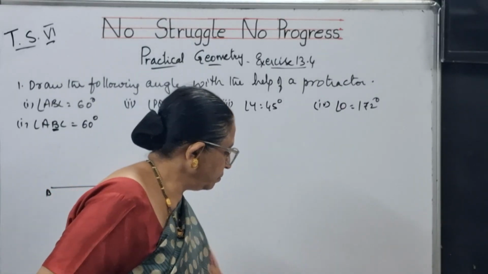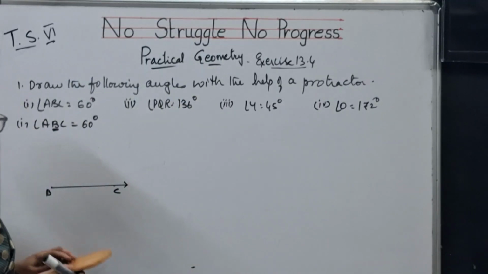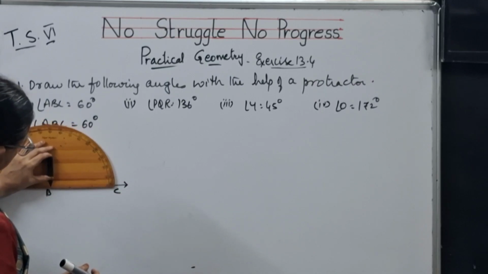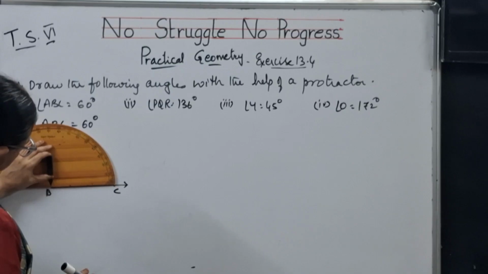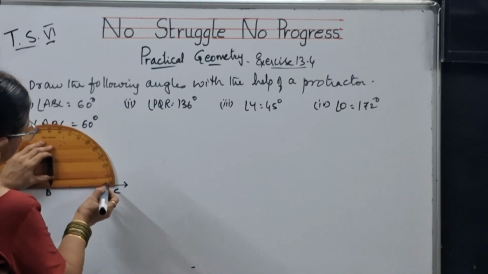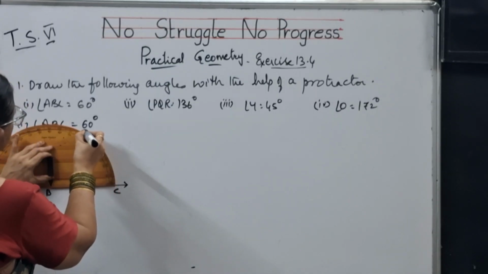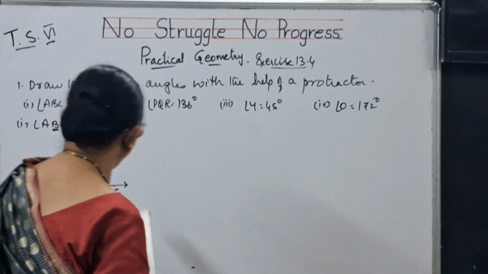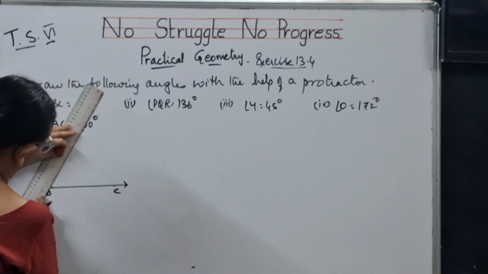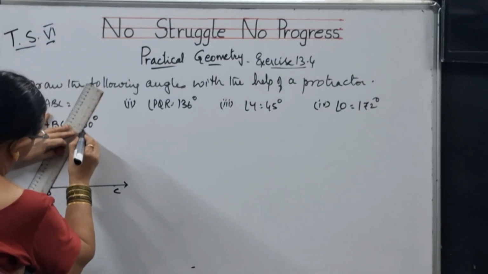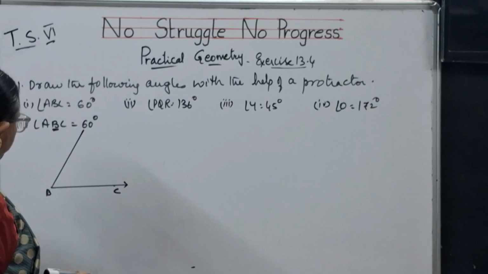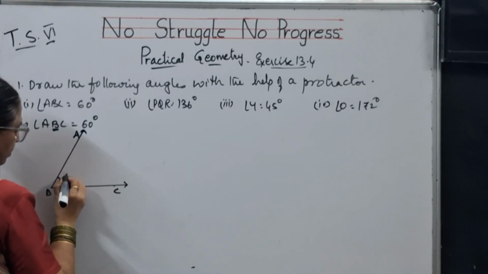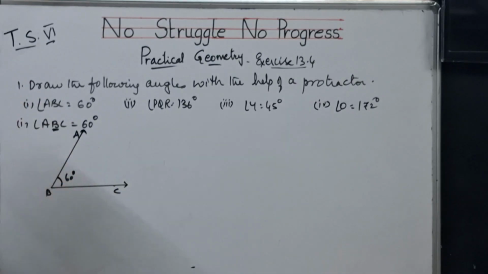Now you have to keep the center of the protractor at B, and take 60 degrees. This is 50 and this is 60. So this one is angle ABC, which is 60 degrees.